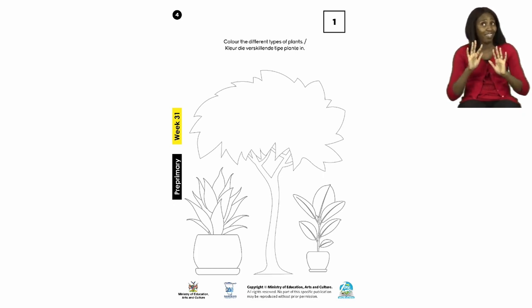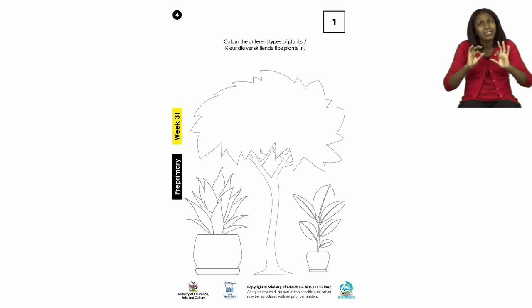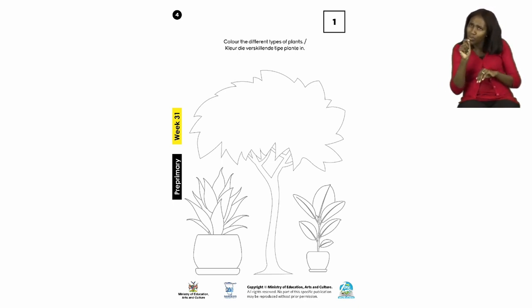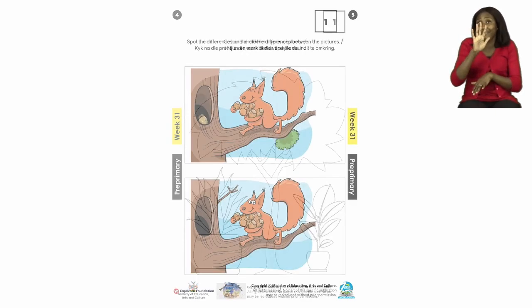Now, please make sure you actually use the colors of the plants. I've never seen pink leaves before. So, take your time and color correctly inside the lines so that your beautiful picture will be correctly colored as well. When you're done with your coloring, boys and girls, we can go to the next activity on page 5.